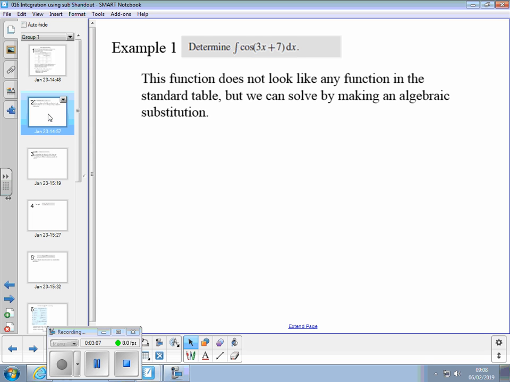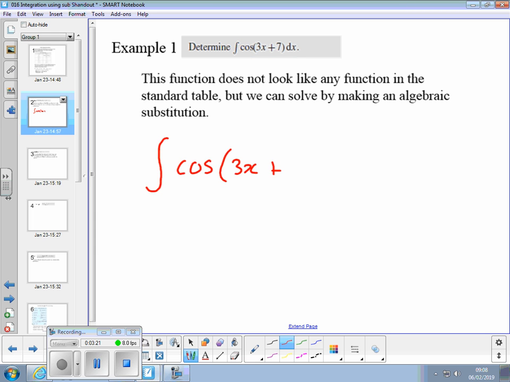So if we look at this function, determine the integral of cos(3x + 7) dx. To start with, we're dealing with finding an indefinite integral.